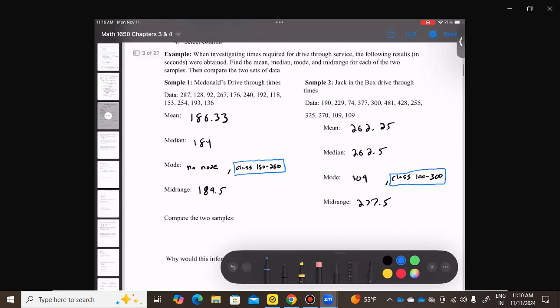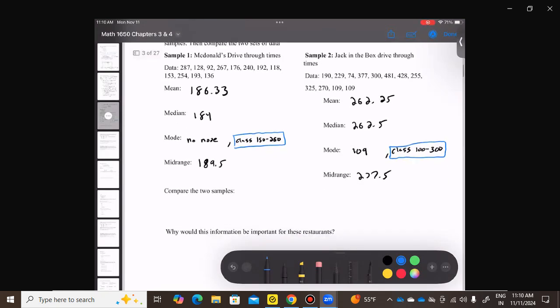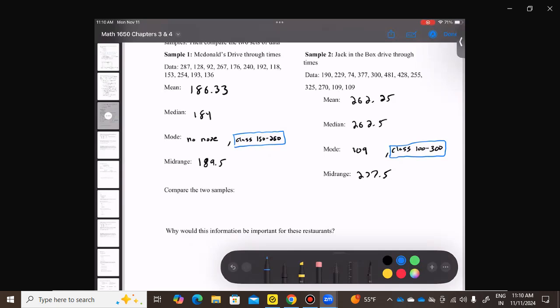Right, so we're going to compare now the two samples. For Jack in the Box, it looks to take longer since all the measures of center are higher.